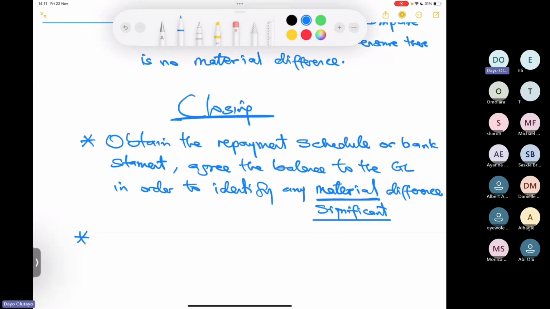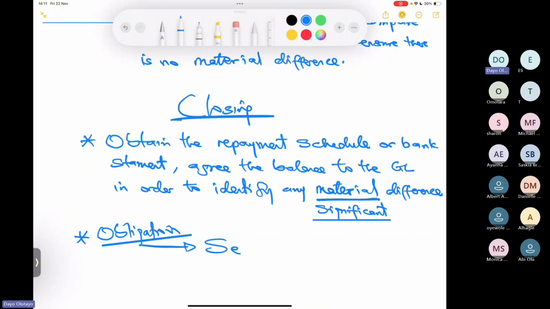Likewise, another procedure you can do is to send a bank confirmation letter. The same way you send confirmation letters to customers, to suppliers, you can as well send to the bank. Even remember when we were auditing cash and bank, the same procedure we did, send letter to the bank. This loan as well, it is a very good procedure to perform. Because when you send a letter to the bank, you address obligation as an assertion.